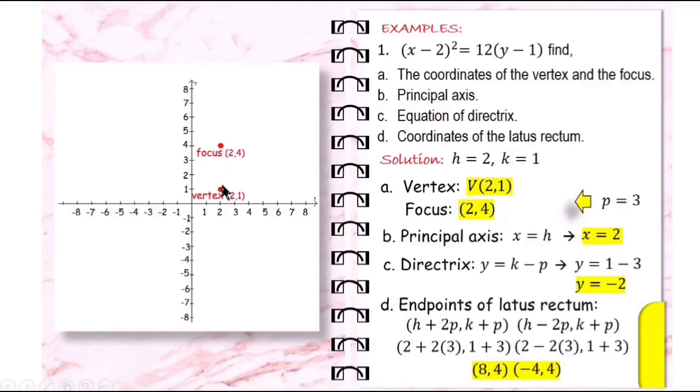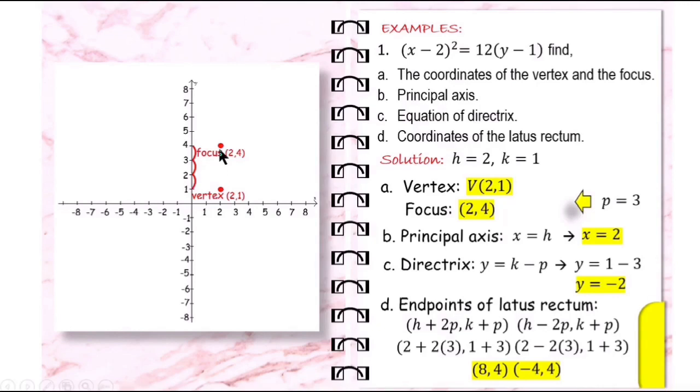Therefore, the distance of the focus from the vertex must be equal to 3 since the value of p is 3. So let us check. The distance of the focus from the vertex is 1, 2, 3. Therefore, p is truly equal to 3. And it is positive since the focus is above the vertex.